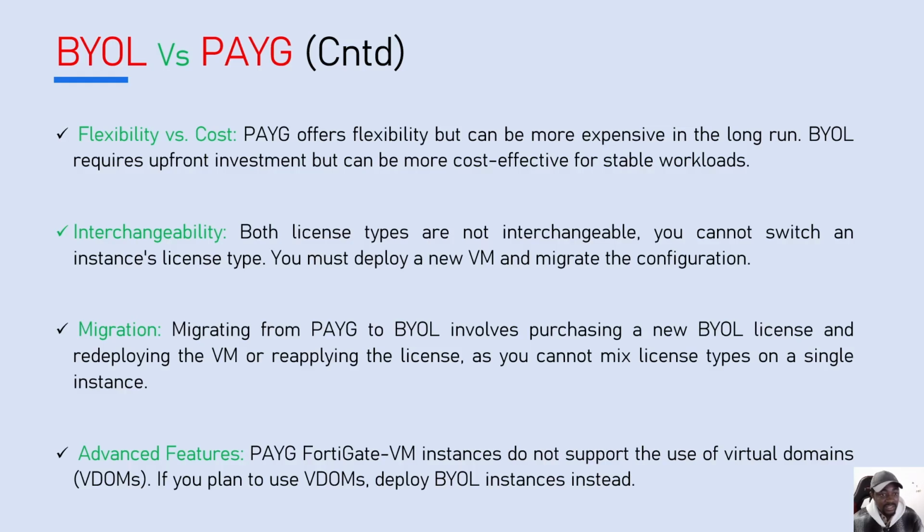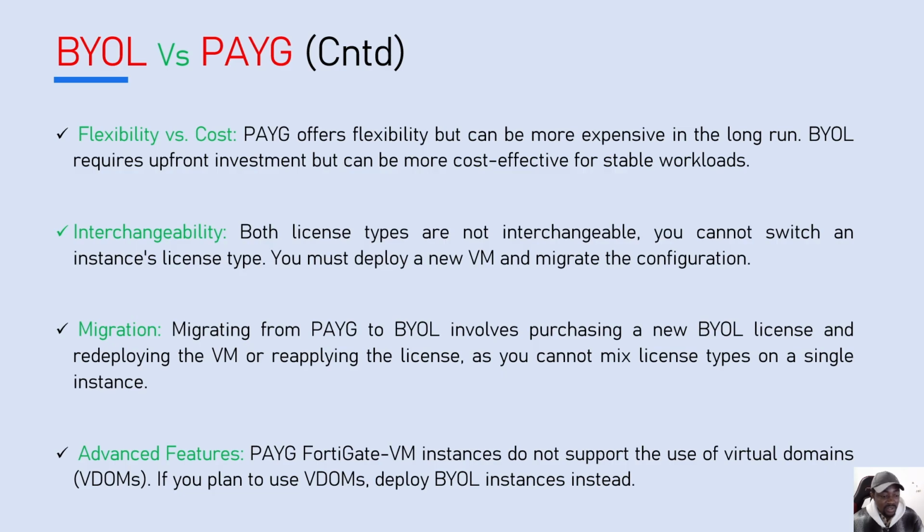So interchangeability is not possible. You cannot interchange bring your own license with a pay as you go subscription. For example, if you are already running a FortiGate VM with a bring your own license and you want to migrate, or let's say convert the VM license to a pay as you go license, you need to buy a new pay as you go license, then install a new FortiGate VM, then install the license before you can migrate the data.